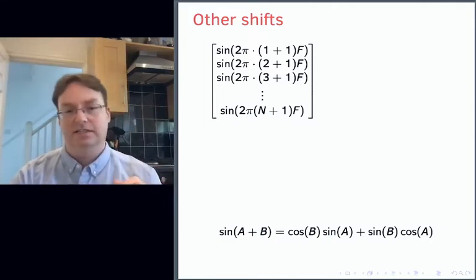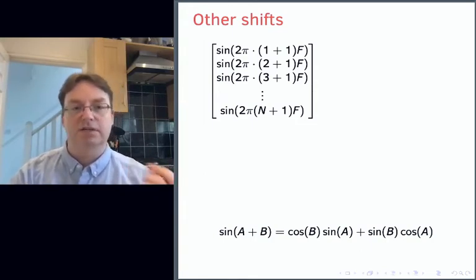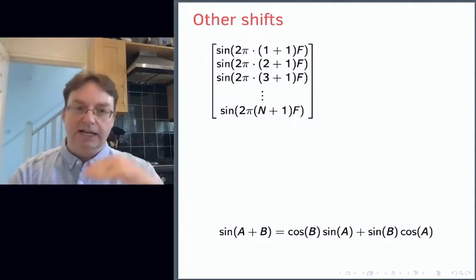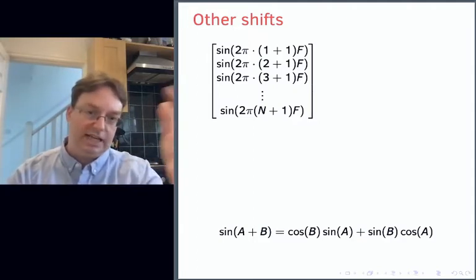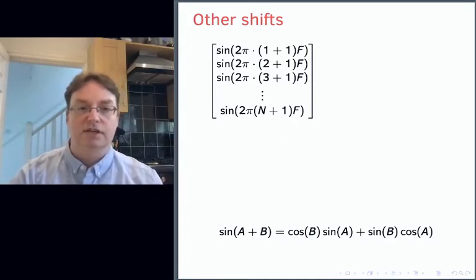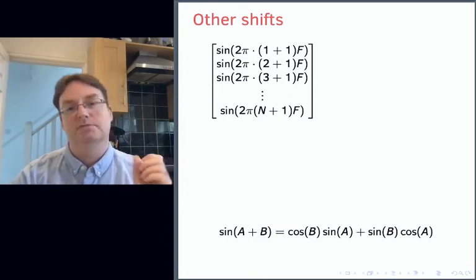I've written it as cos b sine a instead of the other way around, just because of how I'm going to use it. So looking at my vector here, let's take the third coordinate. I've got sine of 2 pi times 3f plus 2 pi times f.